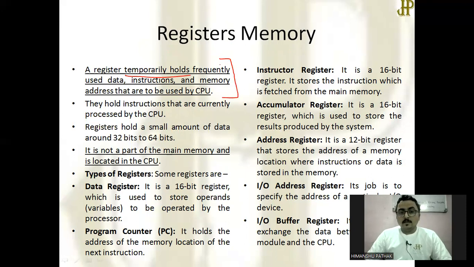Otherwise, every time the CPU would have to ask for that data from the primary memory. If frequently used data are kept in the register, which is nearer to the CPU, then processing can be very much faster than before.